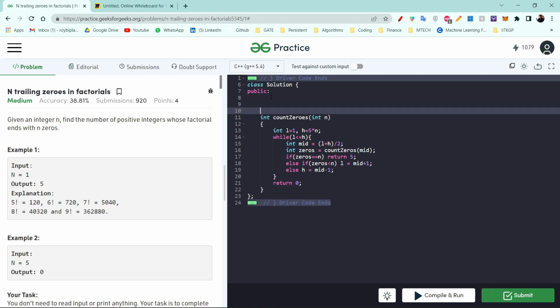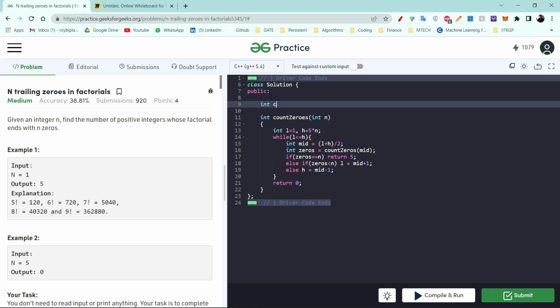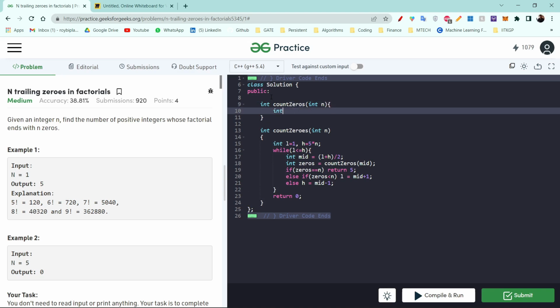Now we have to build count zeros, int count zeros for a number n. Let's say the number of zeros is equal to 0.